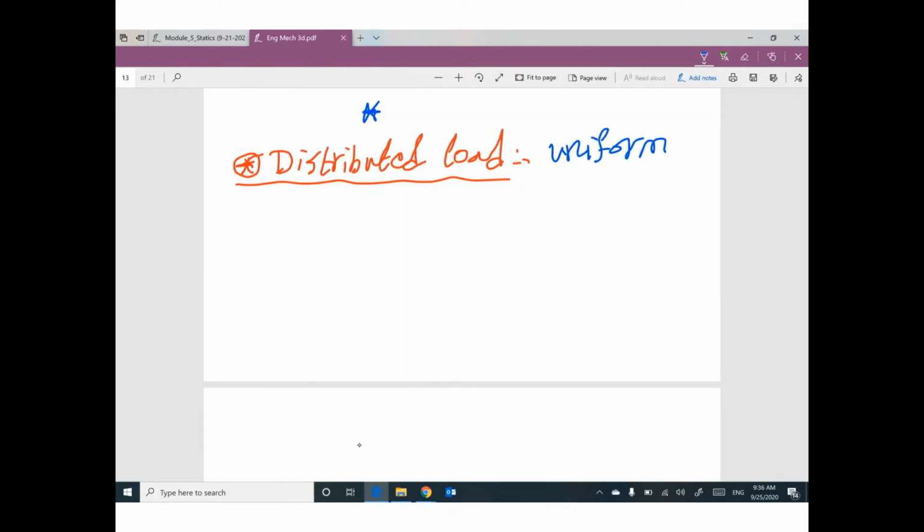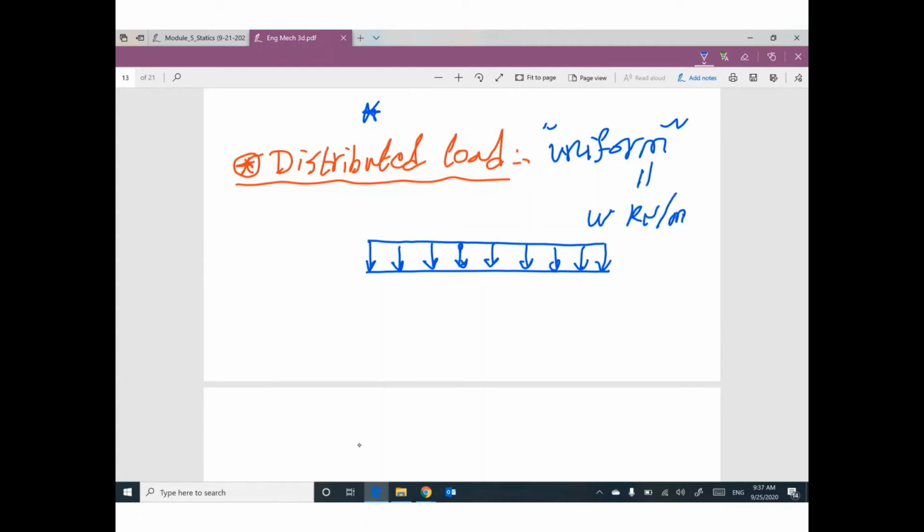Uniform means we have a piece of the structure covered with a load of constant value, like this. This value is probably W, in kilonewton per meter or pound per foot. I mean, it's a force unit per length.